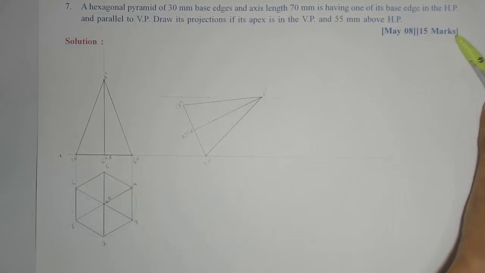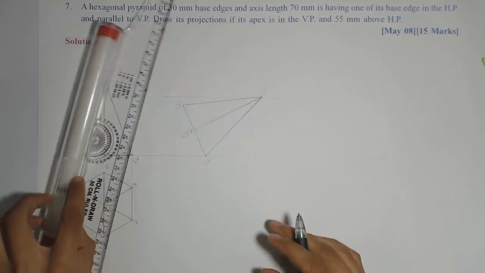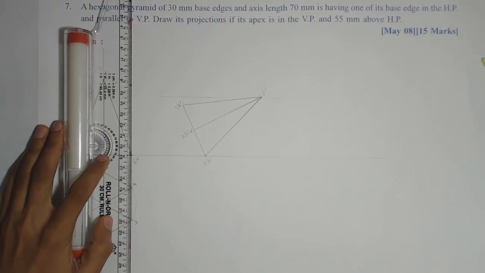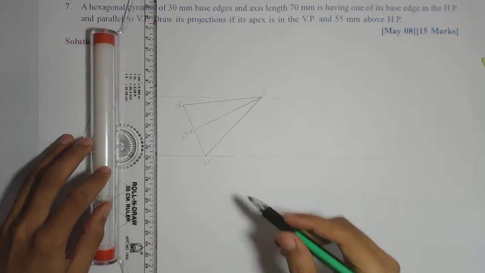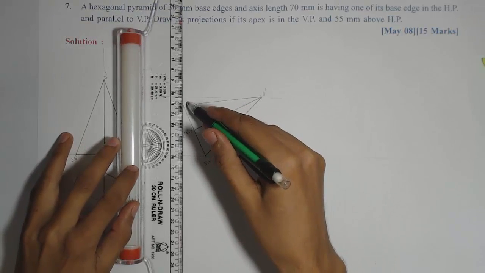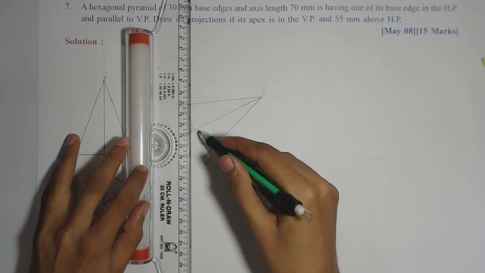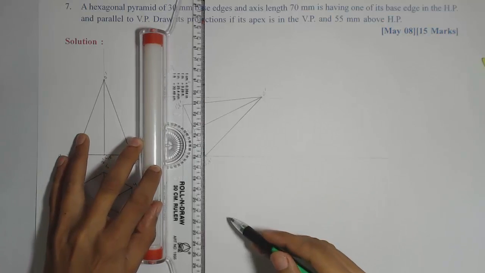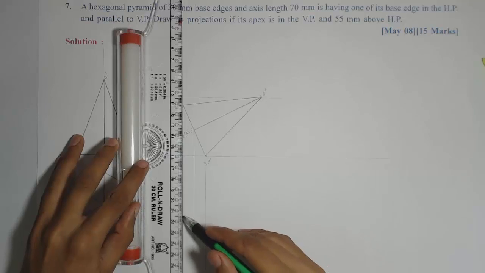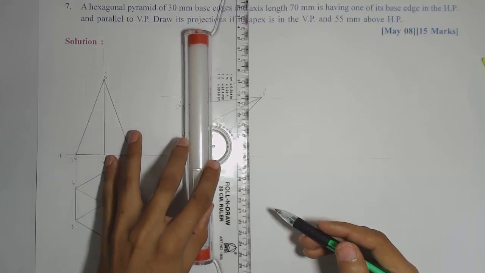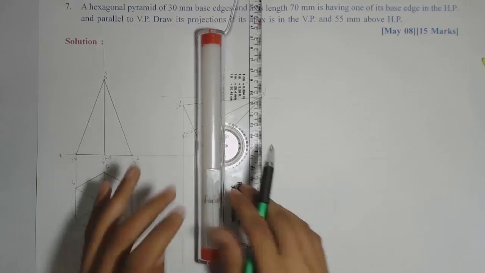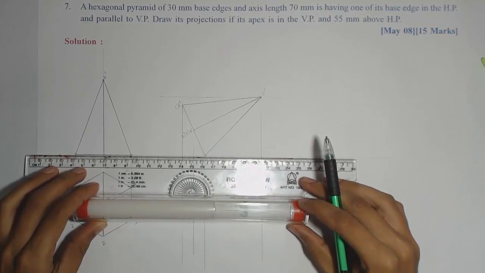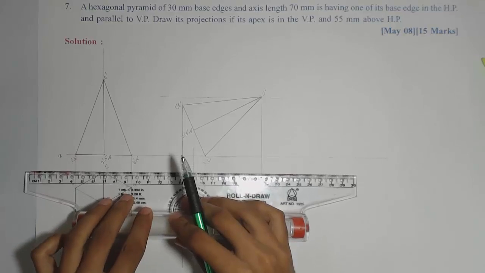Now we'll complete the corresponding top view by projecting vertically and horizontally all the corners. Then we'll mark the visibility also. Then last is the apex. Similarly, from the top view, you need to project horizontally.